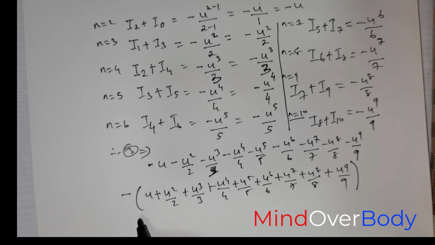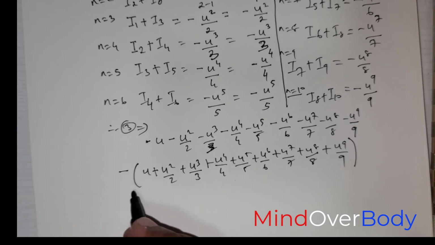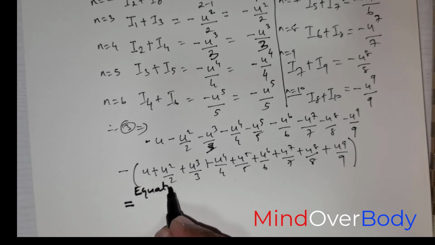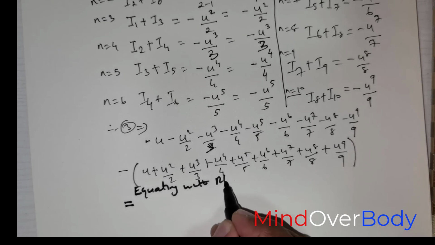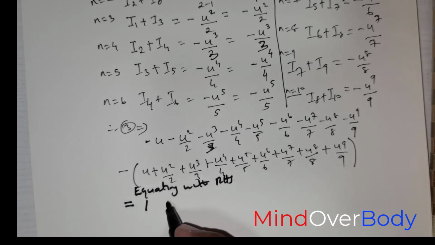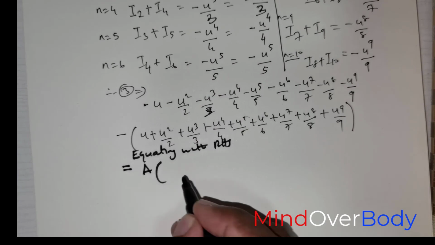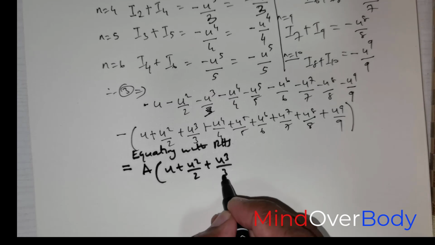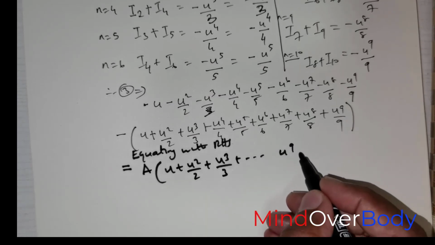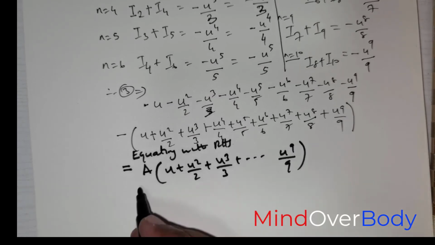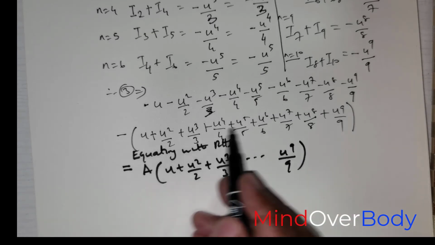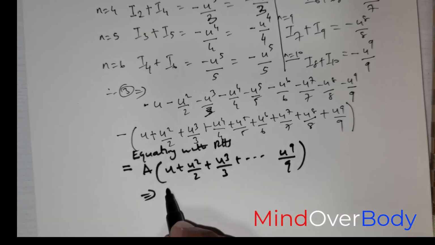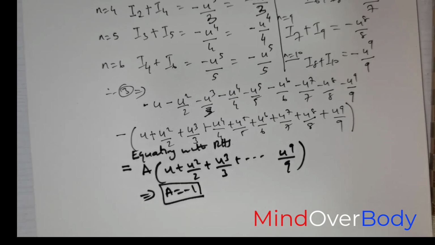So taking negative 1, now if we were to equate this with the right hand side, so what is on the right hand side? The right hand side is actually a times of u positive u squared over 2 positive u cubed over 3 plus etc. u raised to the power of 9 over 9. So clearly equating this quantity with the right hand side would give us a is equal to negative 1. So that is the solution for this particular question.